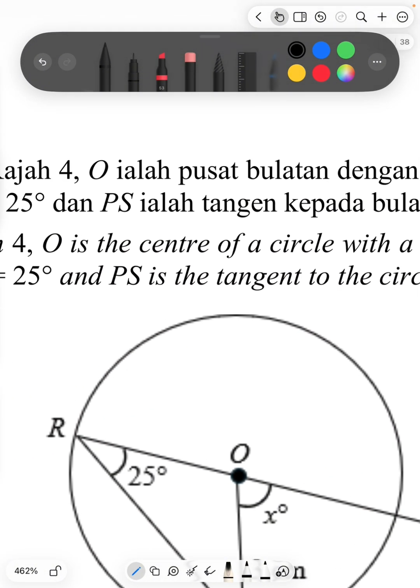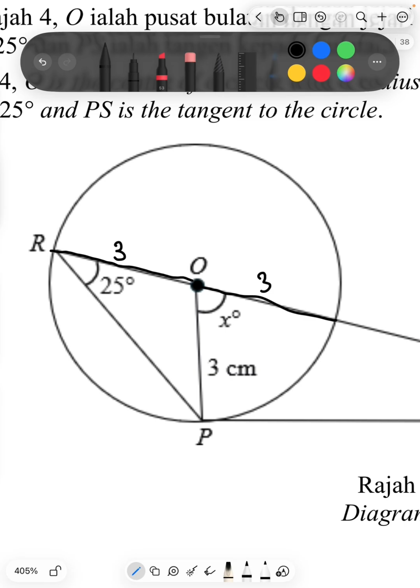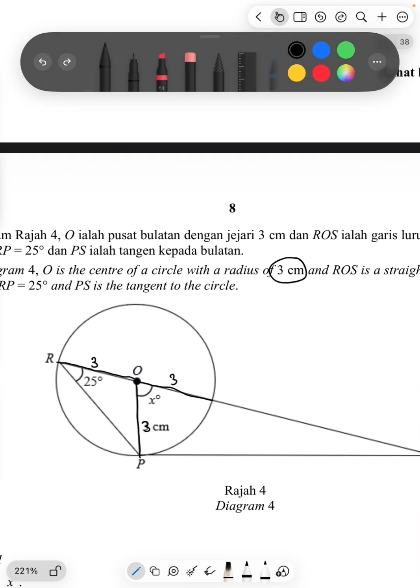As long as you're from the center and you hit the circle, it's equal to 3. So from here to here, it's 3 centimeters. From here to here, it's also 3 centimeters. You get what I mean.